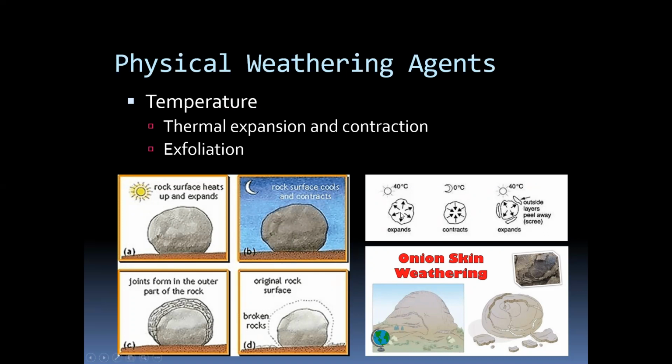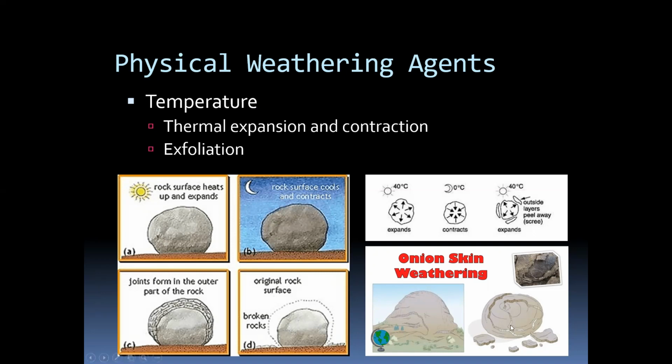And here is another illustration. So expansion during the morning, and when the temperature goes down during the night, contraction happens. Because of the expansion and contraction, the rocks would be peeled away. Another process is called exfoliation. Exfoliation is the same thing as when you, for example, do an exfoliation for your body, by which you remove things from the surface.